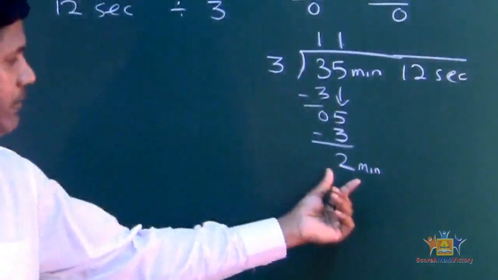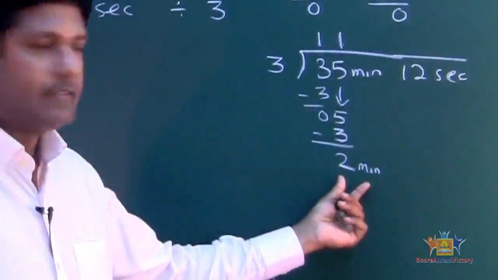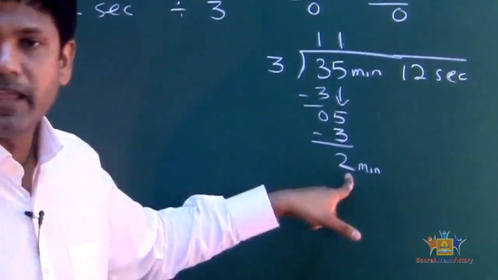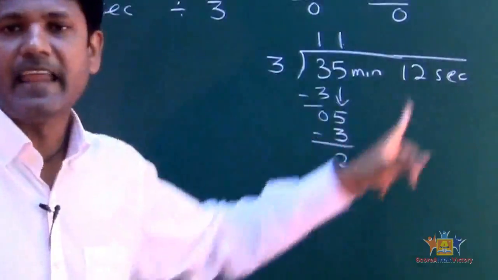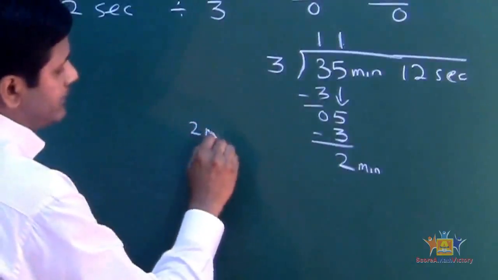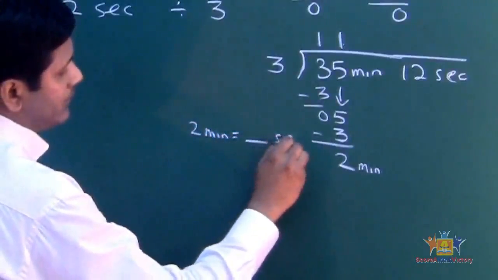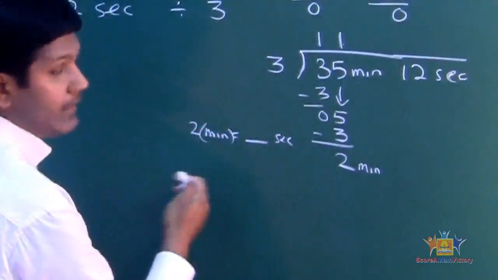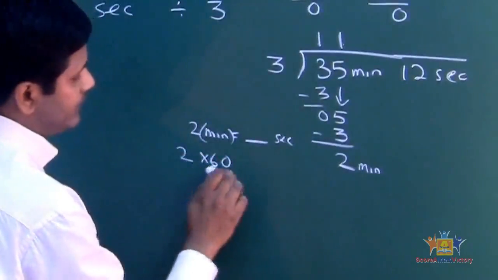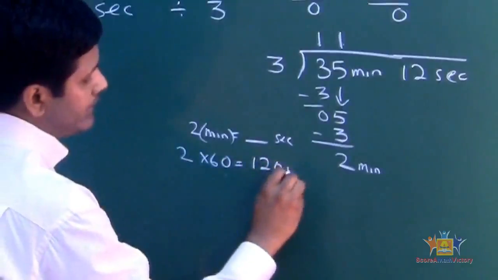I cannot divide anymore, because this is less than 3. So I have to convert that 2 minutes into seconds and add it to the 12. 2 minutes equals how many seconds? We know that from minute to second, it's 60. So 2 times 60 is 120 seconds.